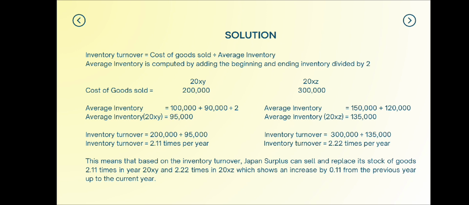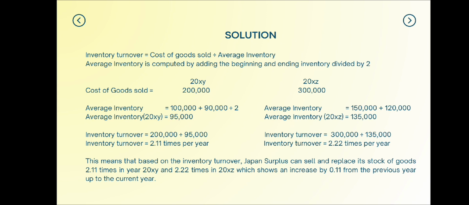Inventory turnover for 20xy is equal to 200,000 divided by 95,000. That is equal to 2.11 times per year, while inventory turnover for year 20xz is equal to 300,000 divided by 135,000. That resulted to 2.22 times per year.